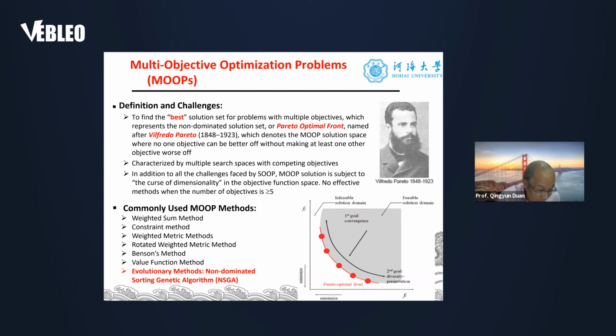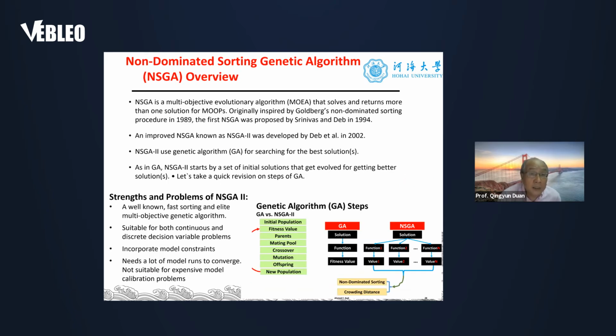I don't want to get into the details, but here I highlight a category of methods called evolutionary methods, especially the non-dominated sorting genetic algorithm, NSGA. This concept was first proposed back in the late 80s, and the first NSGA was developed in '94.